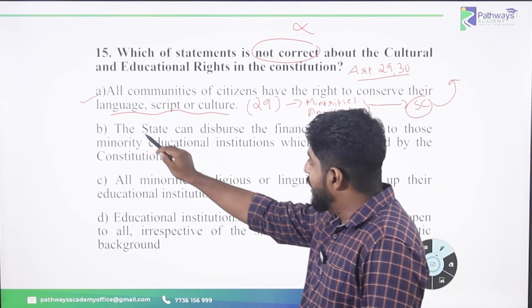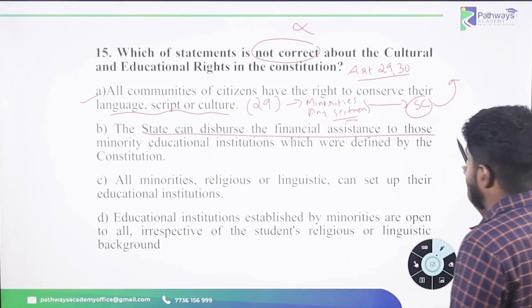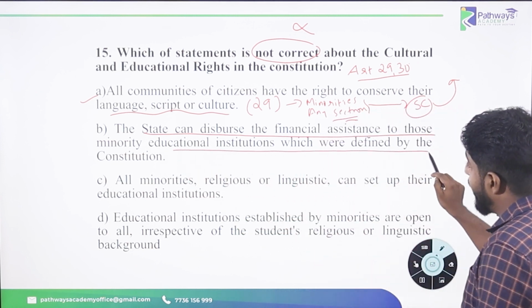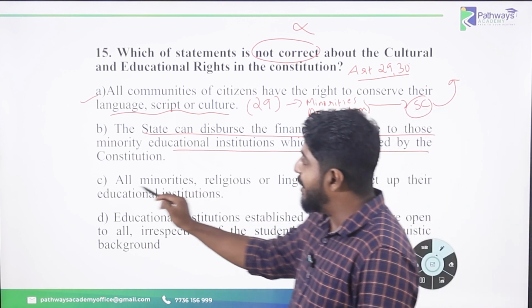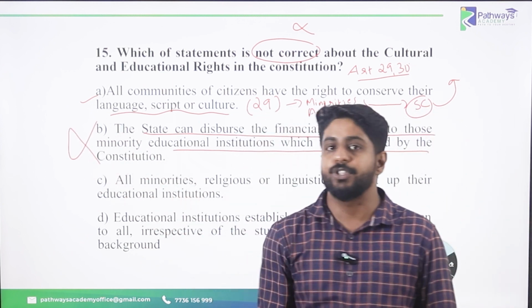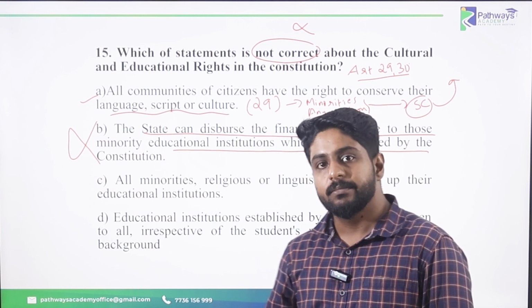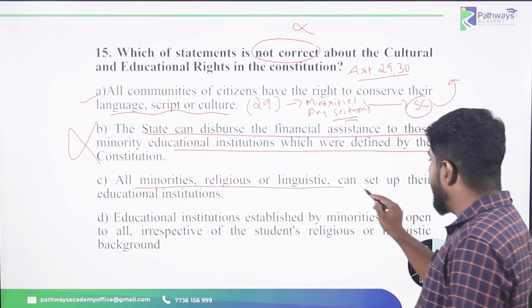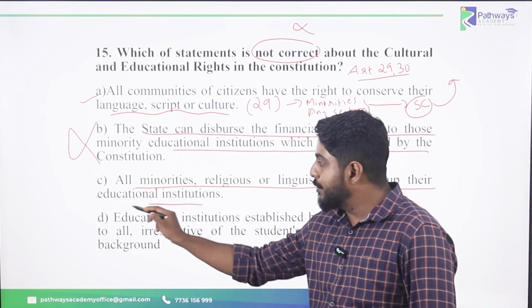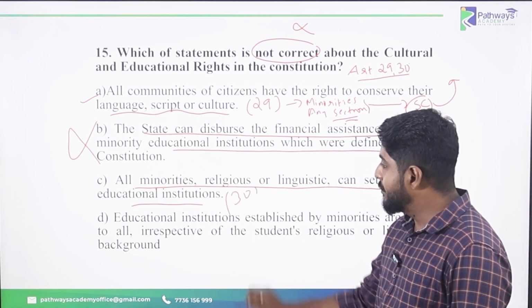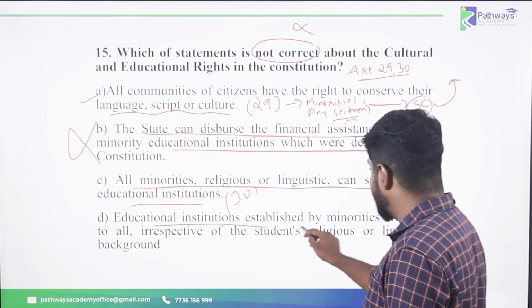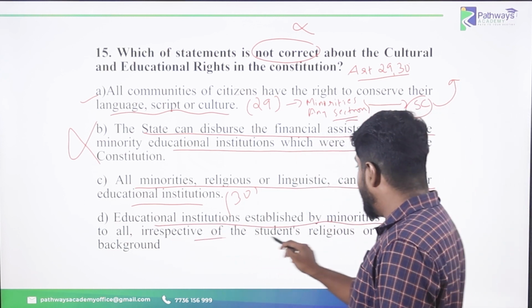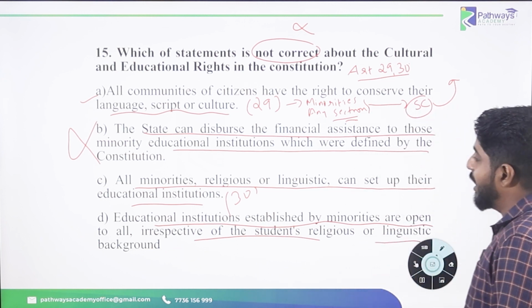The wrong statement. The state can disburse the financial assistance to those minority educational institutions which were defined by the Constitution. Sir, no definition by the Constitution. Wrong statement. All minorities, religious or linguistic, can set up their educational institution. Very good. Article 30: educational institutions established by minorities are open to all, irrespective of the students' religious or linguistic background.